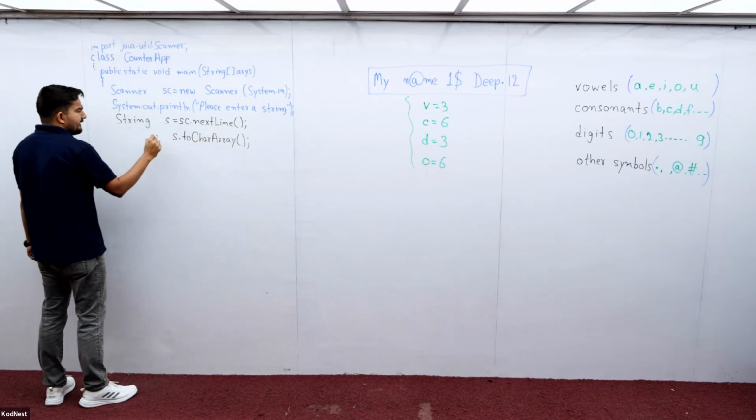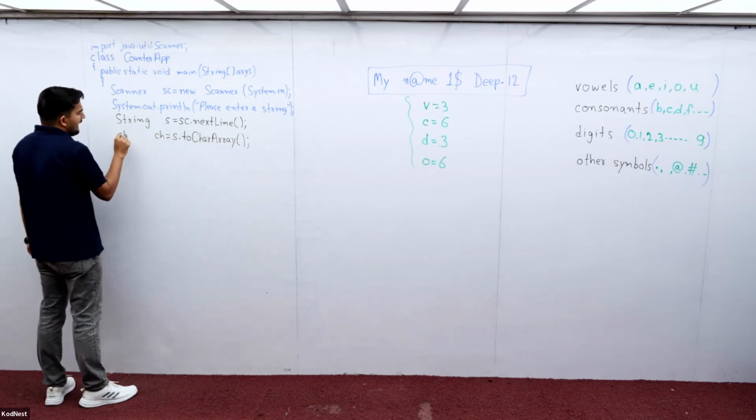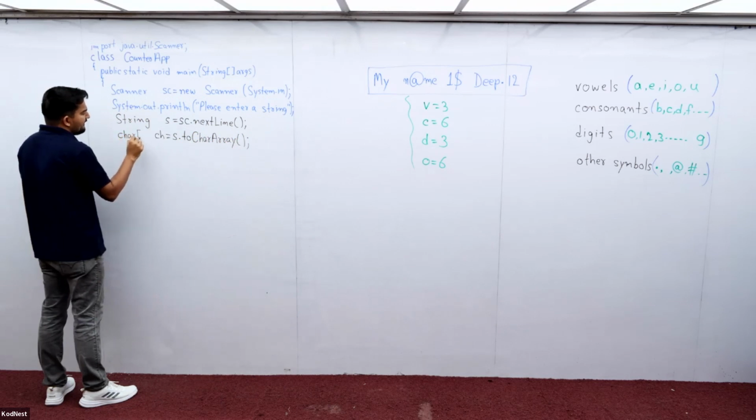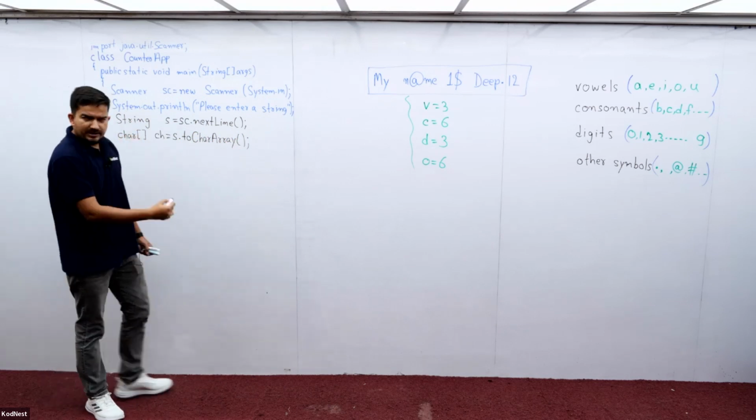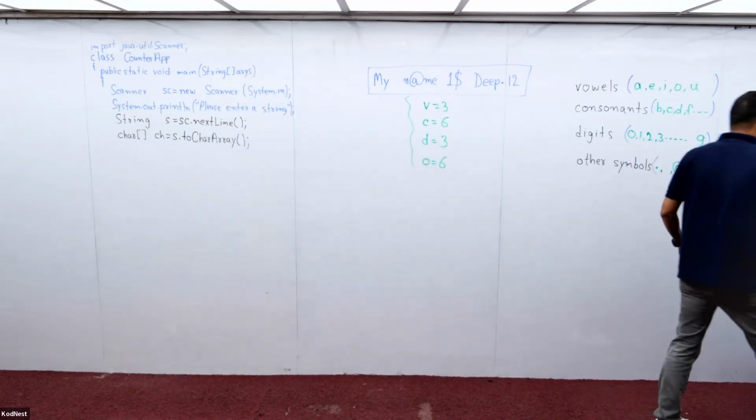Object of array will be created, address will be thrown, which we can store in a variable called ch. The type of ch will be an array of characters like this. Now all our inputs, everything is ready. Let's see first of all how this is going to work.